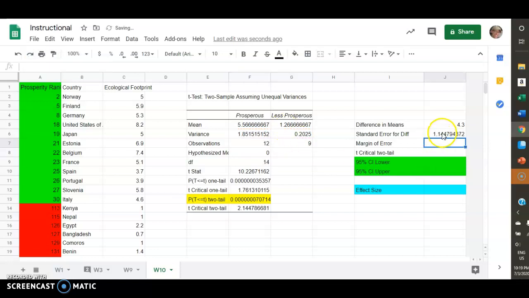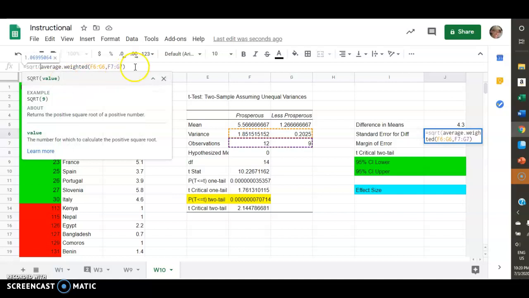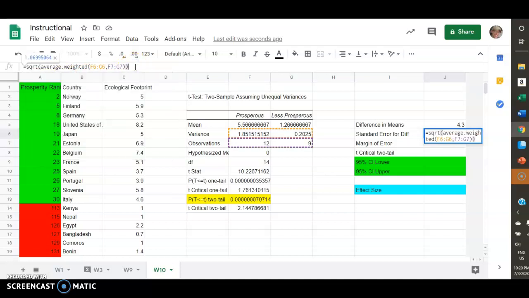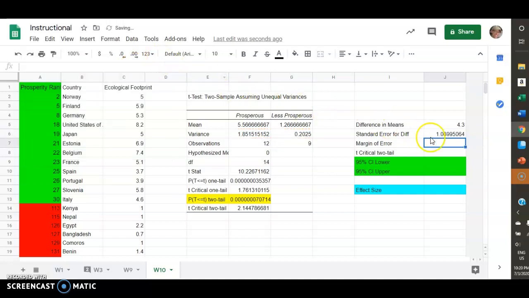This here would be kind of a weighted variance, you could say. But what I really want is the standard deviation here. So I need to take the square root of this yet. So I'm clicking back on this, clicking in the formula and typing in SQRT, putting a parentheses before and after that weighted average. And this will give me what's called error.